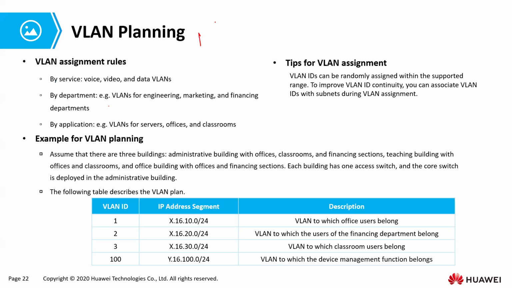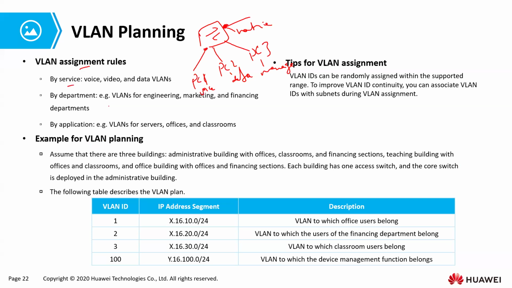I could assign my VLANs to different PCs, PC1, PC2, PC3. By service, I can say this VLAN is voice, this VLAN is data, this VLAN is management, this VLAN is native. What I'm doing is assigning my VLANs by service.